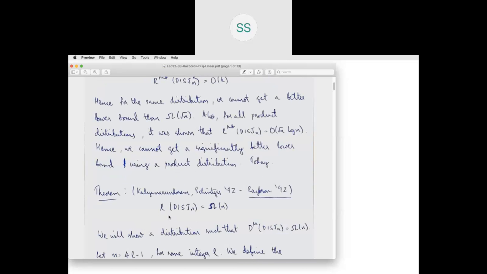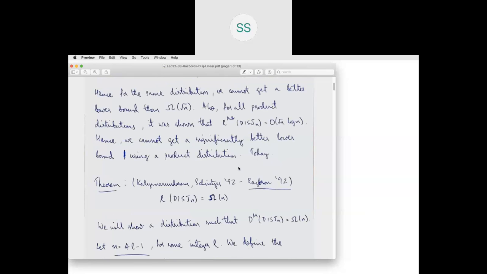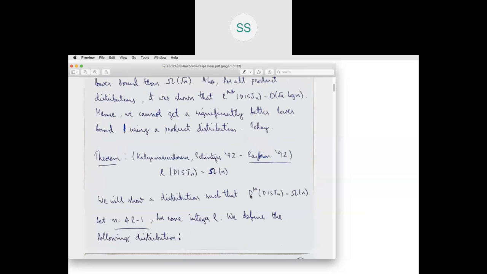The Babai-Frankl-Simon distribution cannot be used, because that's a product distribution, and product distributions are limited by this: there's a square root n log n algorithm for all product distributions. So hence we will use another distribution.